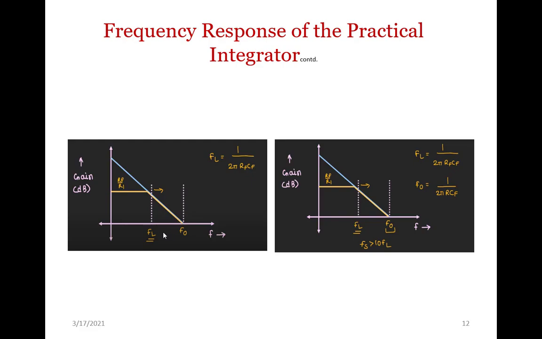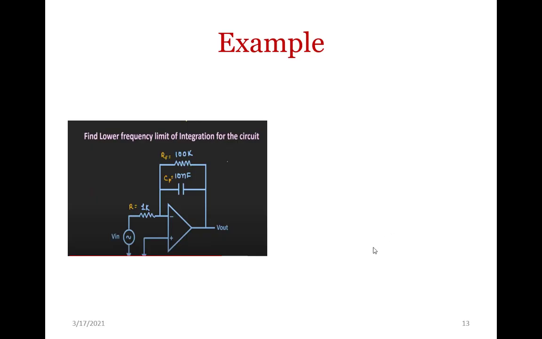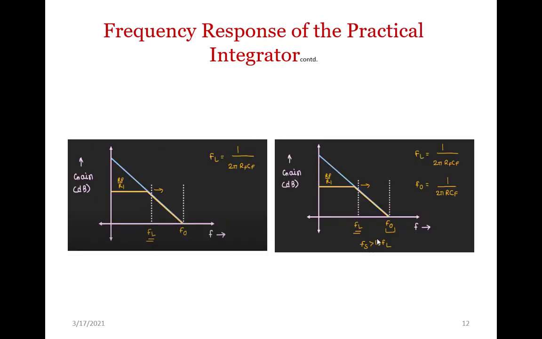But how much greater than FL? The condition is given here: the signal frequency must be 10 times greater than FL, that is Fs is greater than 10 FL. But remember, it cannot be greater than F naught. If it goes beyond F naught, then integration will not take place. So, this is how the circuit of a practical integrator works.